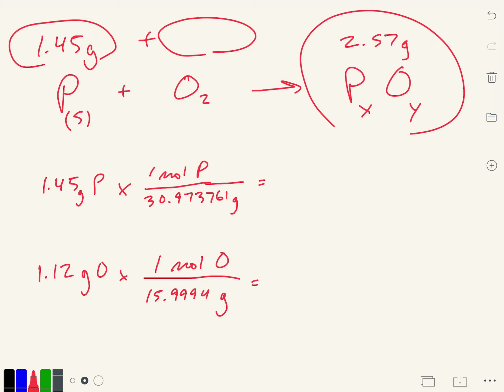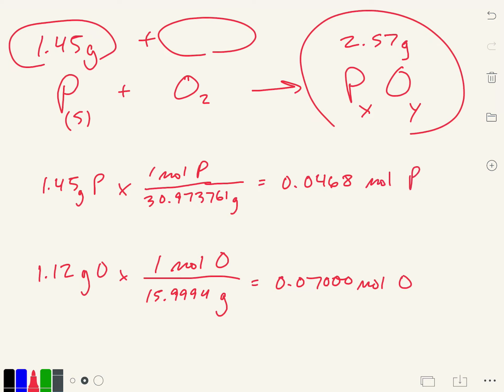Since we already know the molar mass of that, we can do our calculations. So 1.12 divided by 15.9994, and for our 1.45 grams of phosphorus, it is 0.0468.